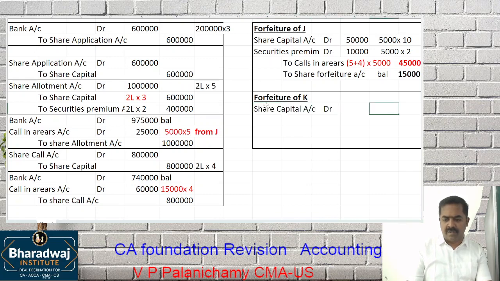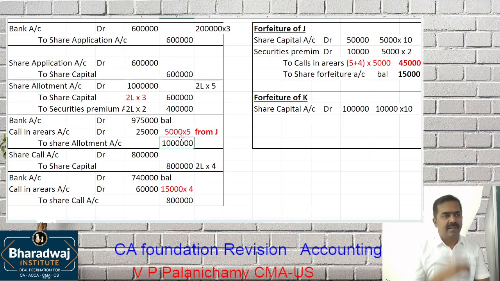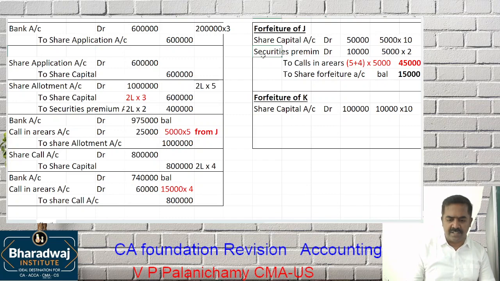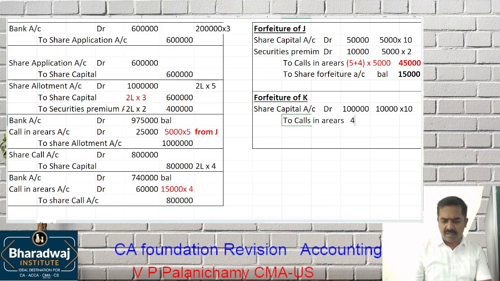Share capital account debit. How many shares are we cancelling? 10,000 shares into 10. How much? 1 lakh. Will it debit securities premium for K? K did not pay which money? Final call. He paid allotment, so we should not cancel securities premium. Okay, only the final call in arrears. He did not pay only which call?